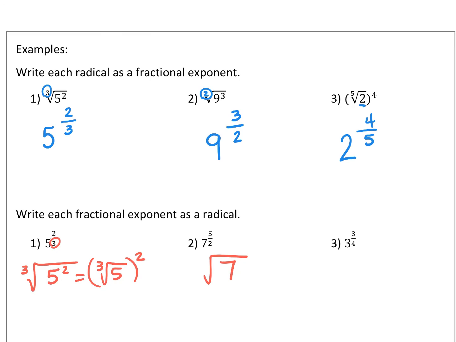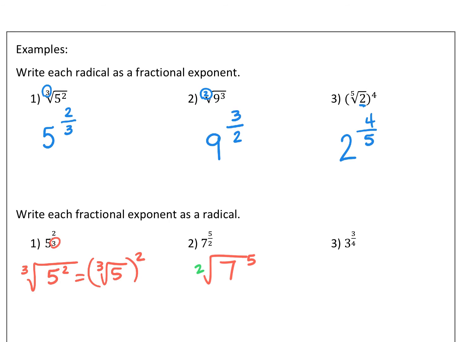There's my root sign, denominator in the notch, so it's going to be an implied 2, and then I've got a power of 5. By the way, if you do write the 2 here, that's fine. I will not take marks off, but you don't need to write it because it is implied.